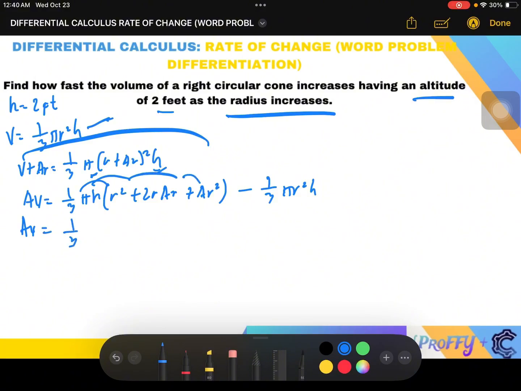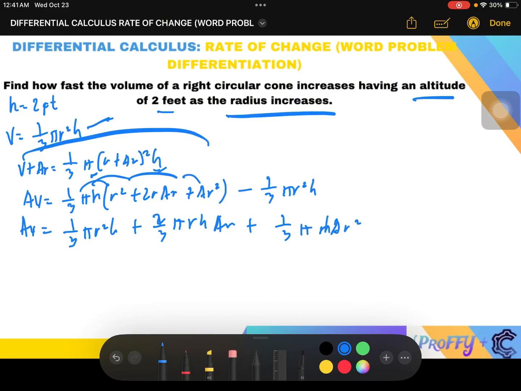Gets, guys? 1 over 3 pi r squared h plus 2 over 3 of pi r h of delta r. So, plus 1 over 3 of pi r of delta r squared, guys.